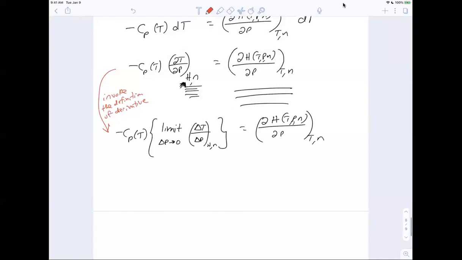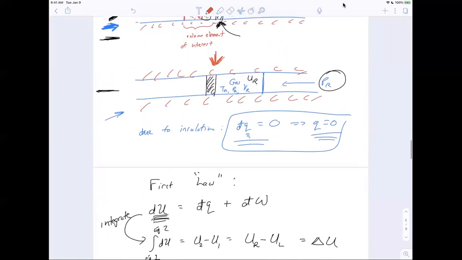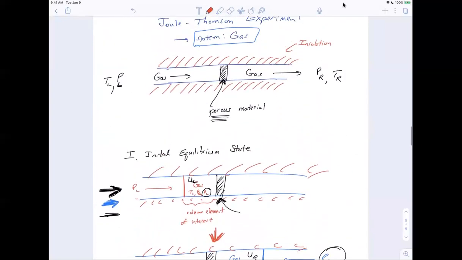So in the experiment, practically, how would you do that? Well, we have our experiment here. All you would do is multiple experiments where you would control the pressure drop across this porous plug.